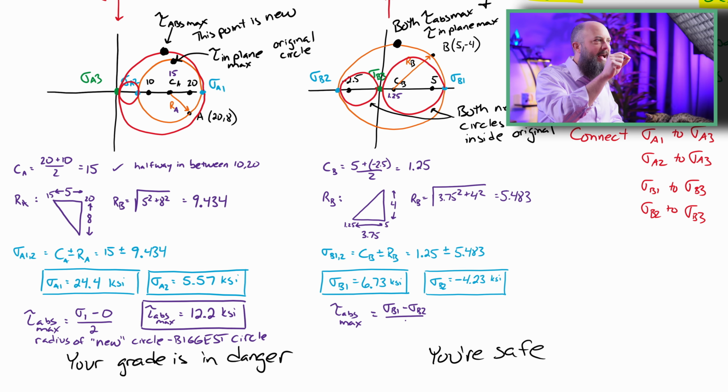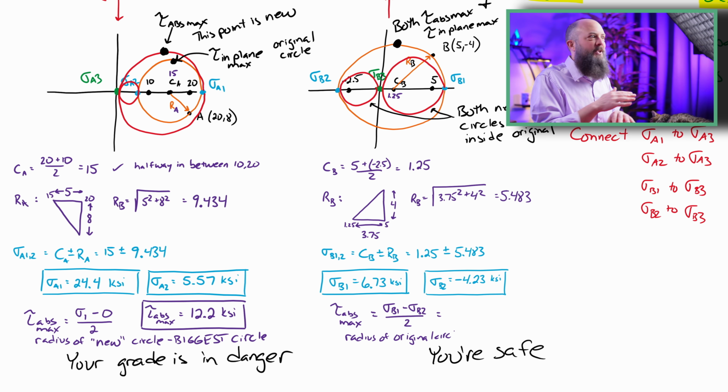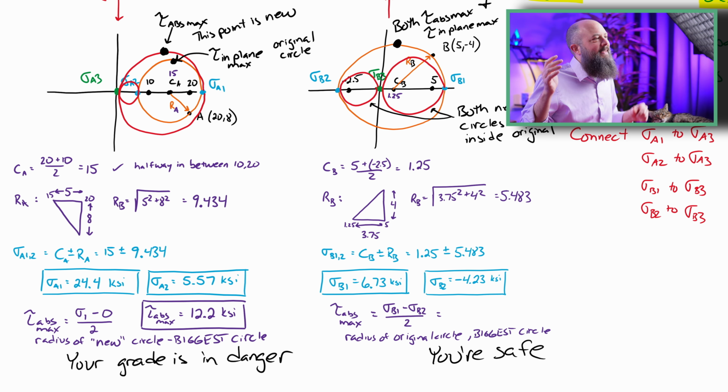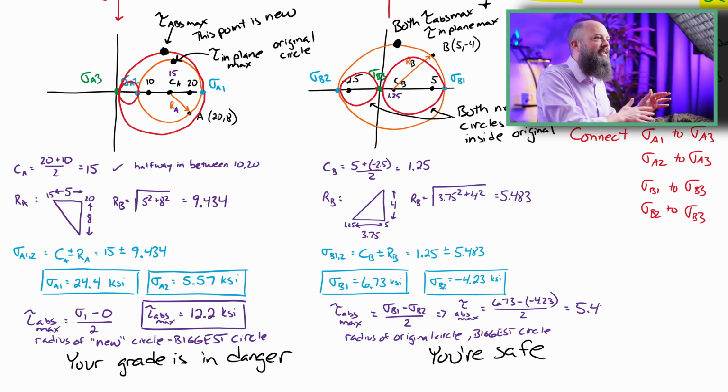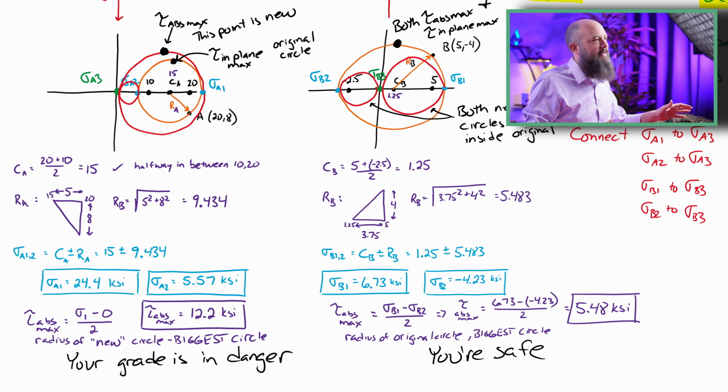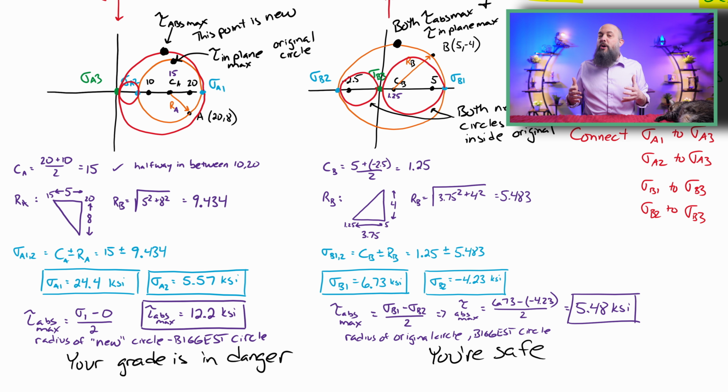That is how high the absolute maximum stress is above the horizontal line. And for problem B, on the right, the absolute maximum shear stress is the same as the in-plane max shear stress. It's the radius that we already found, the 5.48.